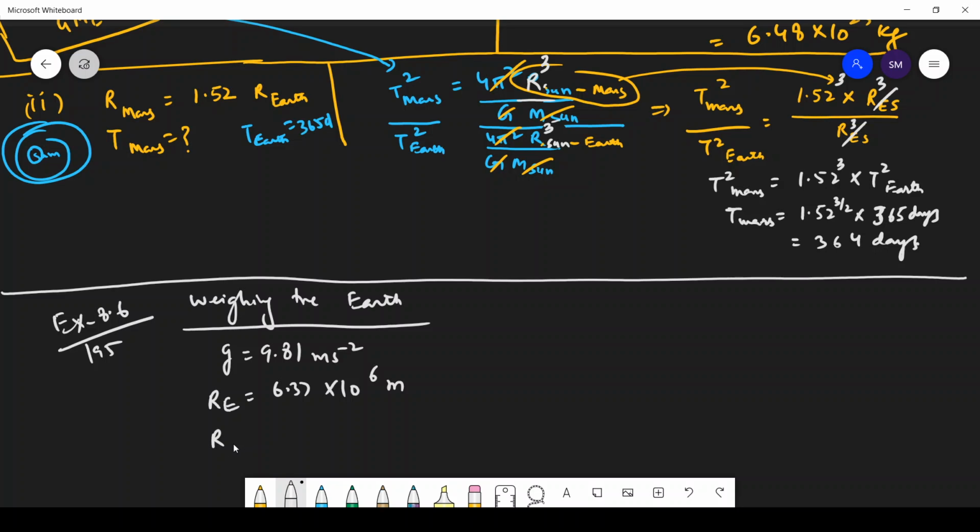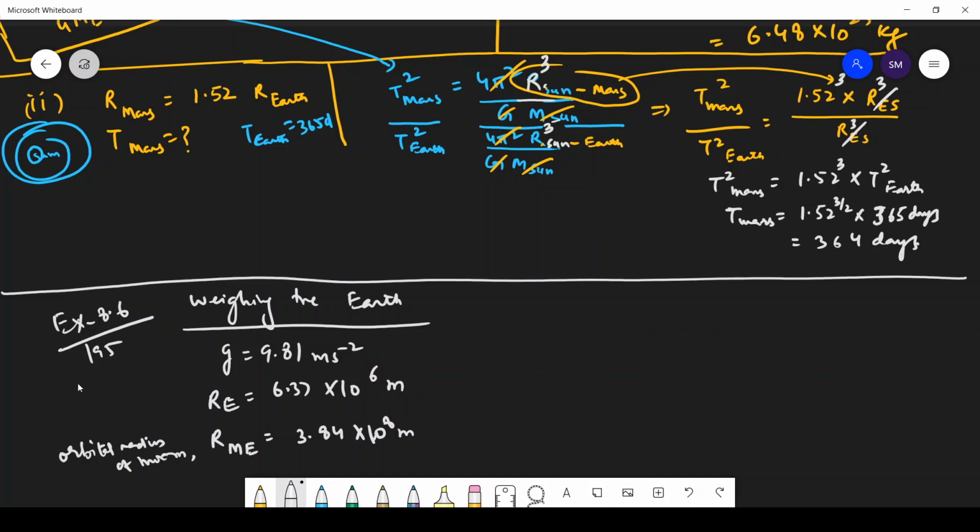This is the orbital radius of the Moon, that is 3.84 into 10 raised to the power 8 meter.